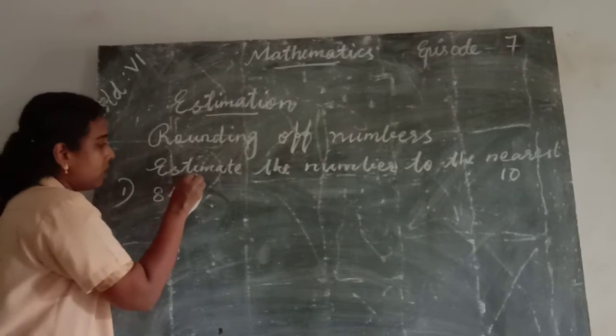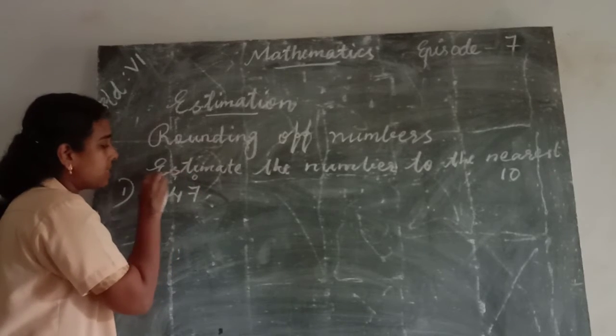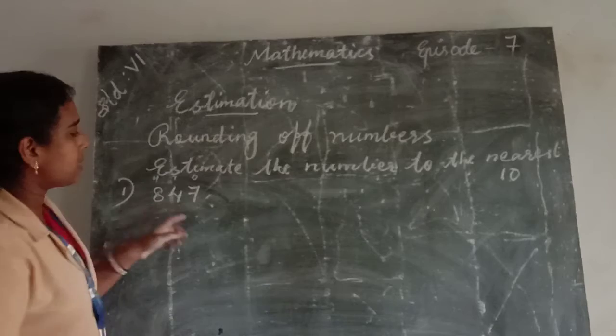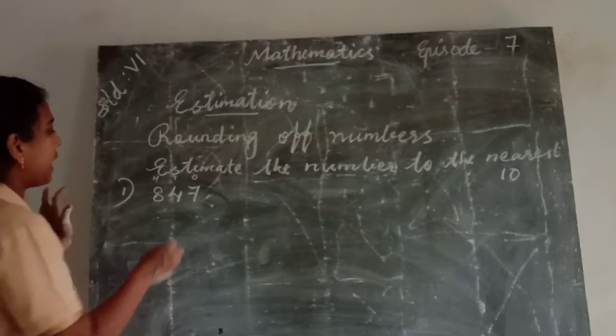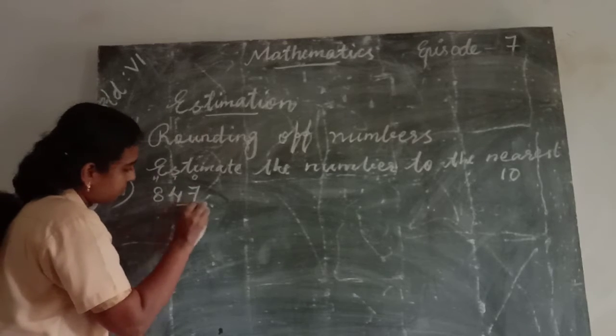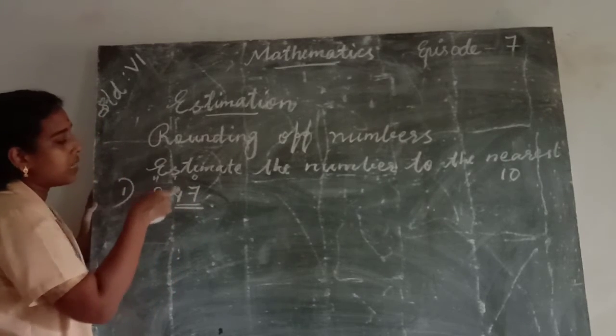So we take the place values: ones, tens and hundreds. In this question we want to round off the number to the nearest 10, so we take the first two digits, in the ones and tens position.